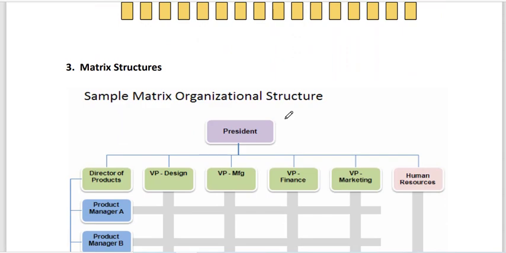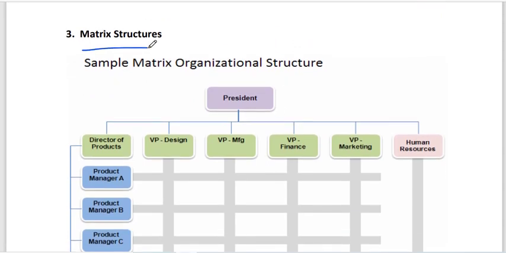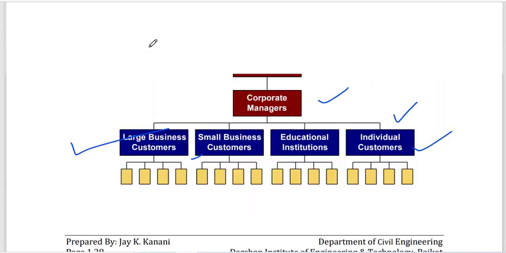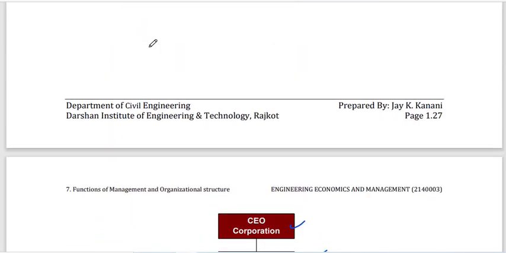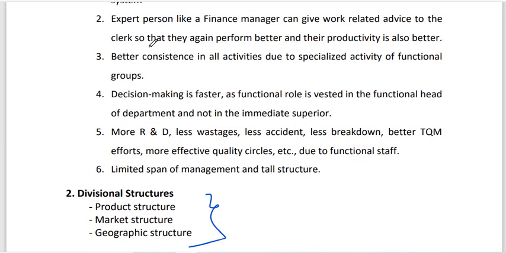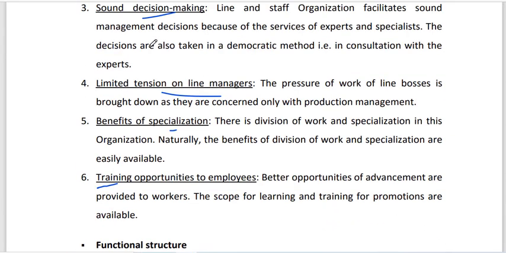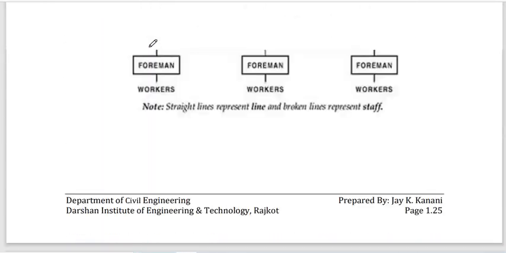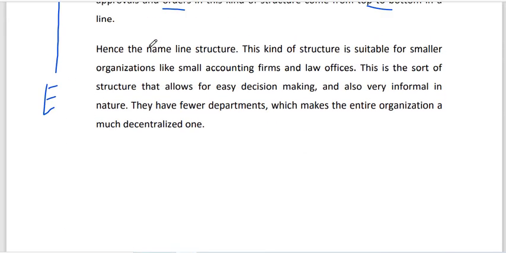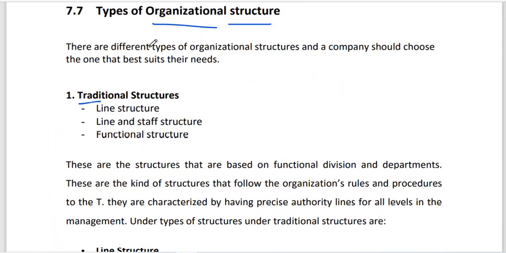Then the matrix structure last. First of all is the functional, then divisional, and this is the matrix. In divisional we have studied 3 types of structure: product, market and geographic. First we studied traditional structure.